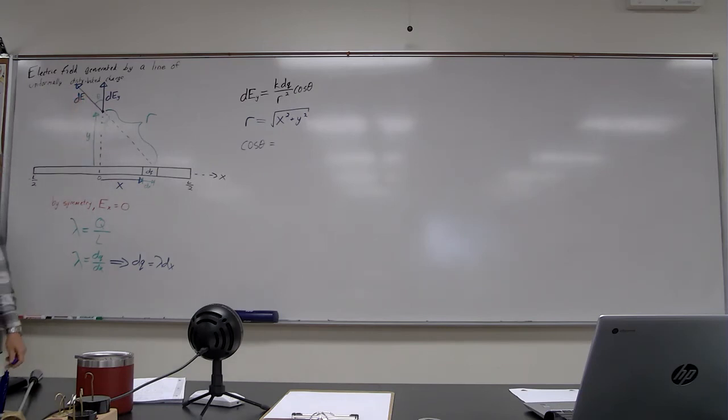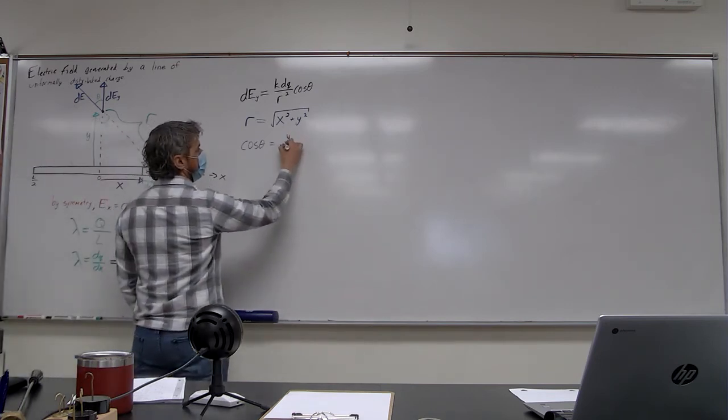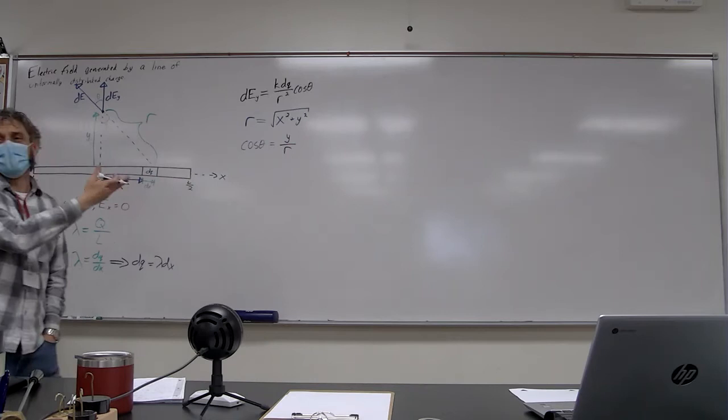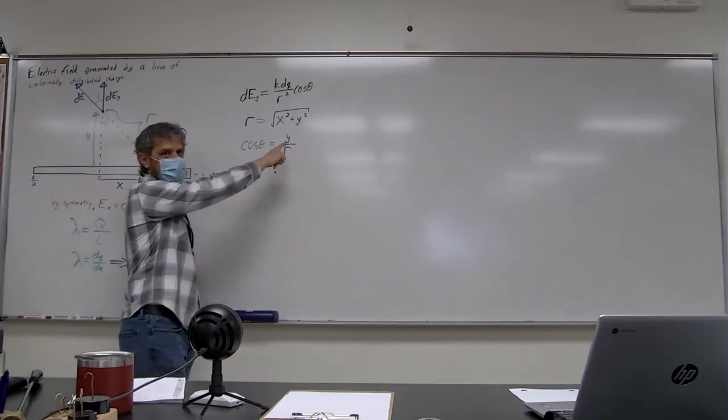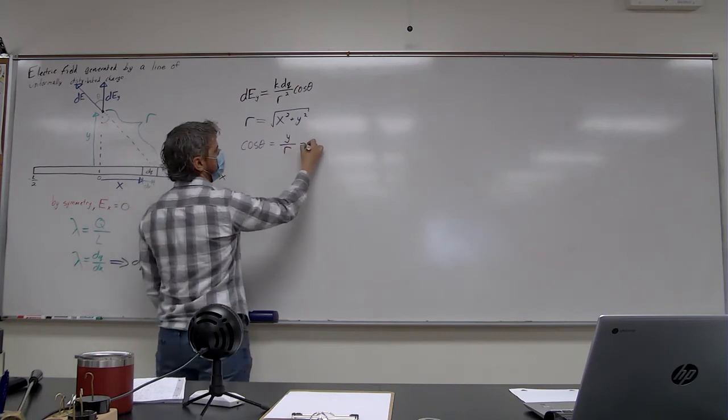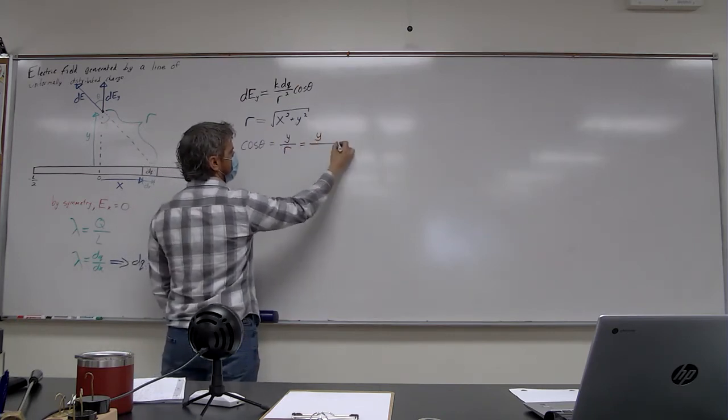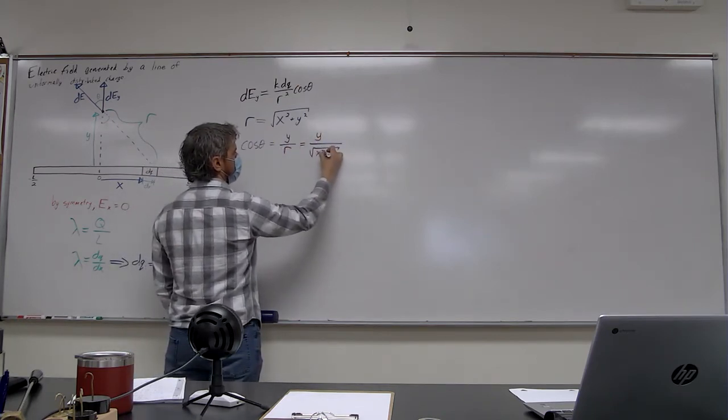They're congruent. Not x over r, that's sine theta. y over r. And again, this is why I did r first, because r varies. So we can rewrite cosine theta as y over the square root of x squared plus y squared.